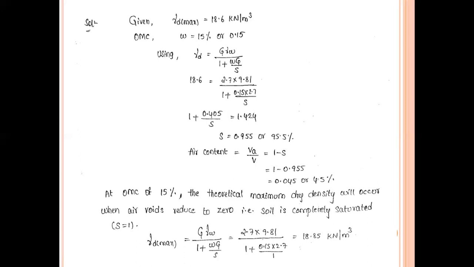So gamma D maximum equals G into gamma W divided by 1 plus W into G divided by S. Here G is the specific gravity 2.7 and the unit weight of water is 9.81. 1 plus water content of 15 percent, meaning 0.15, and specific gravity 2.7 divided by S. Since it is completely saturated, S equals 1. This equals 18.85 kilonewton per cubic meter.